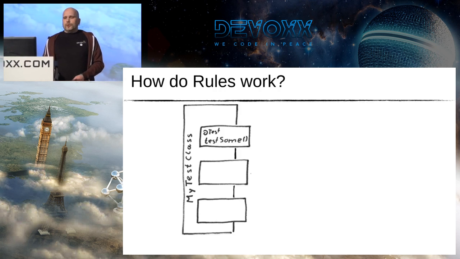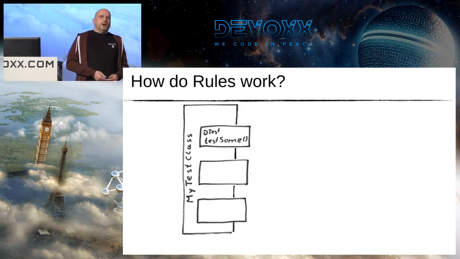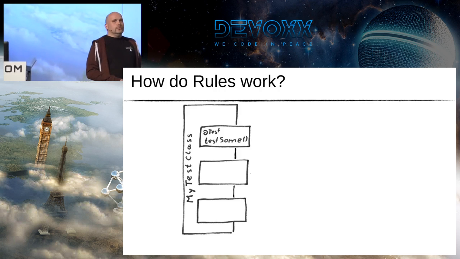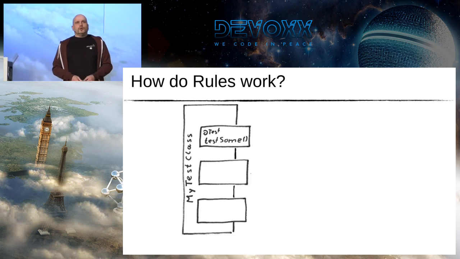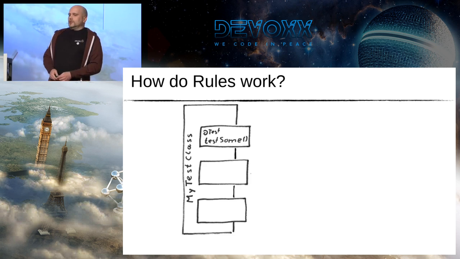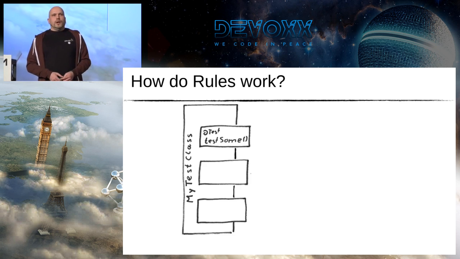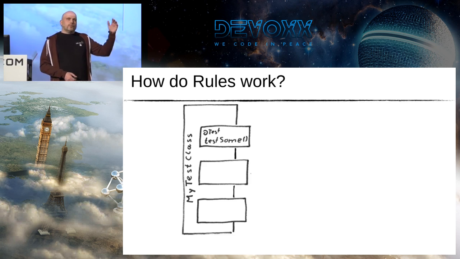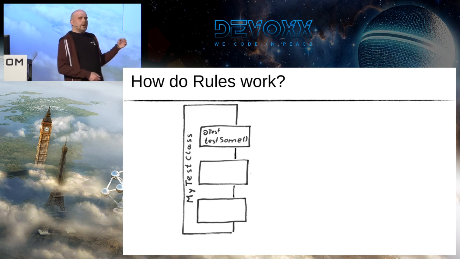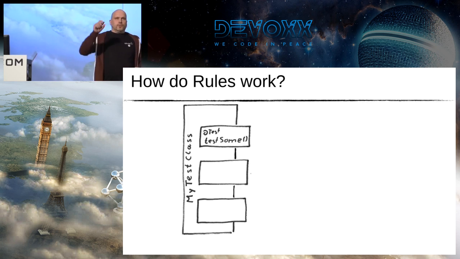So this is not really a solution. Rules do solve these problems. To understand how rules do that, we have to learn how JUnit works internally. When JUnit tries to run a test class, it goes through the class and finds all the methods that implement tests, like with a test annotation.